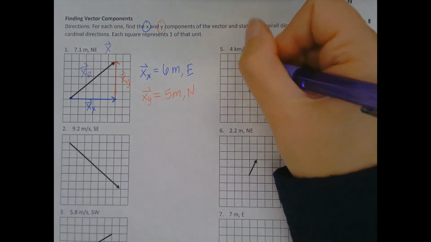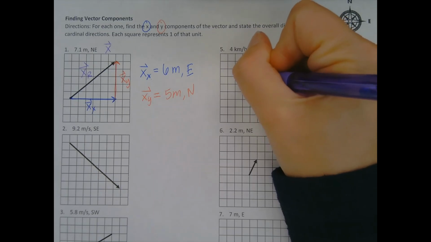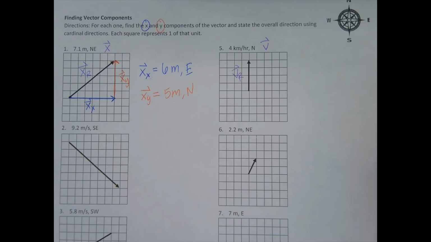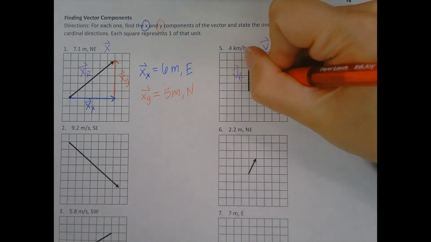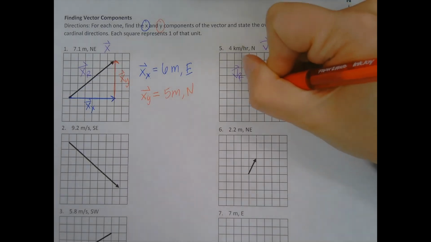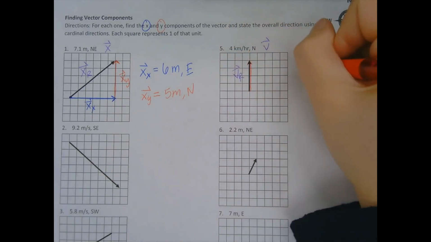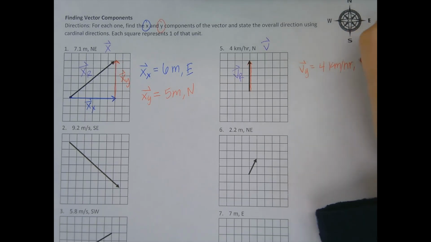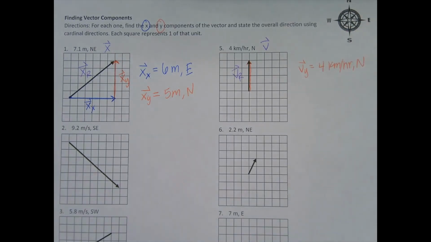So this is my velocity resultant vector, but it happens to only be in one direction, yeah? So I'm only traveling in this one direction here. So that is my velocity in the y direction, which is 4 kilometers per hour north. Because it's only one direction.